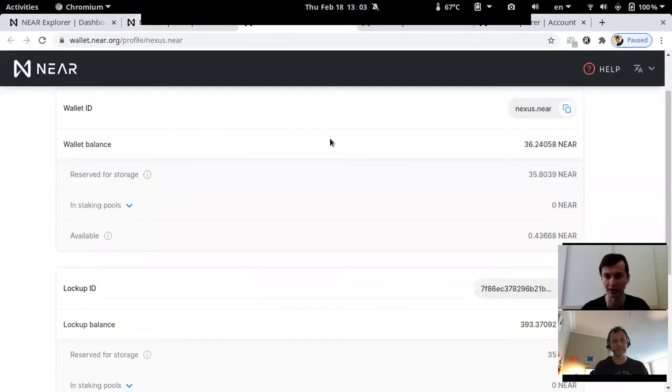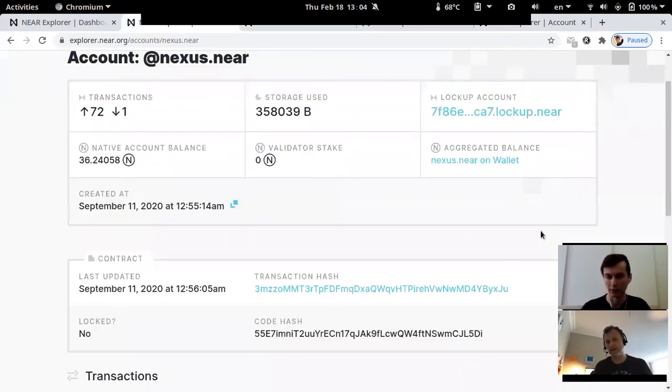At least currently, we are deploying a new version, which may lower the cost and could be a different number, but right now it's very easy to observe how the storage usage is connected with the minimum balance. That's basically reserved until you reduce the storage on the account. Then it's unlocked. You can do whatever you want with it.